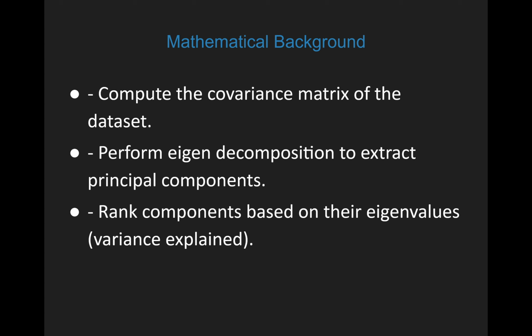Given a dataset X with n samples and d features, these are the steps to perform PCA: center the data, compute the covariance matrix, calculate the eigenvectors and eigenvalues, and sort and select principal components, which means ranking the eigenvectors based on their corresponding eigenvalues in descending order and selecting the top k components.